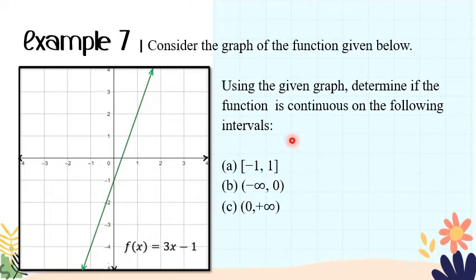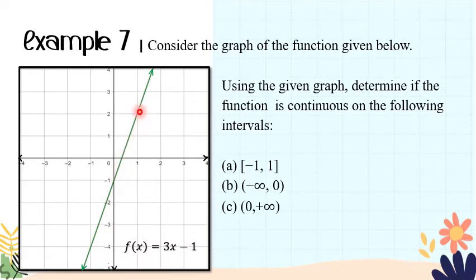So all we need to do is to locate where -1 is because this is the starting point of our interval. So from -1 on the x-axis, and then -1 on the graph, it's here. And then let's trace it going to x equals 1.